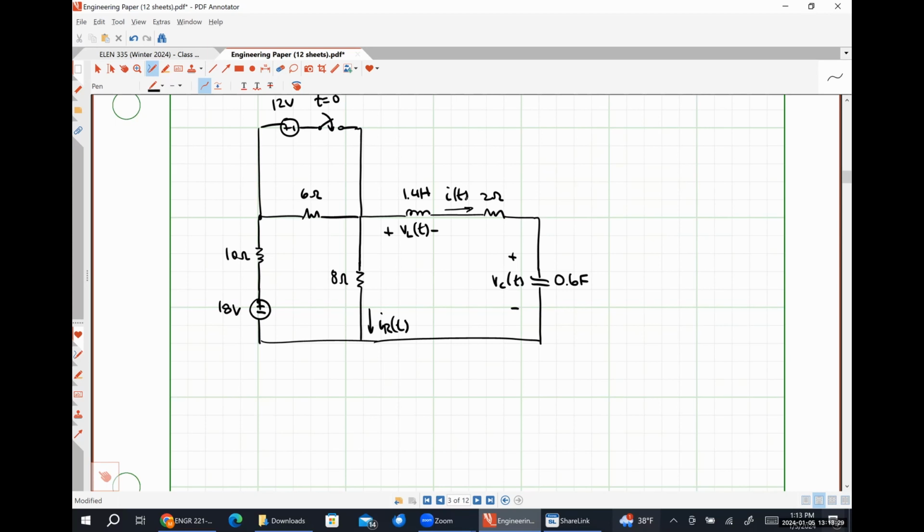And so the most challenging part of this problem is trying to figure out how this resistor current IR relates to our inductor current, voltage, capacitor current, and voltage, right?